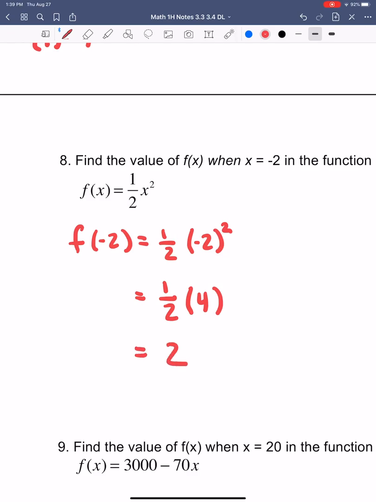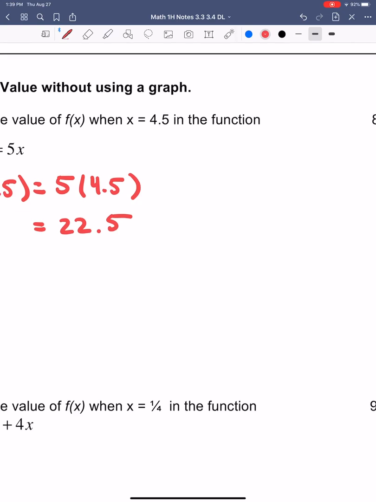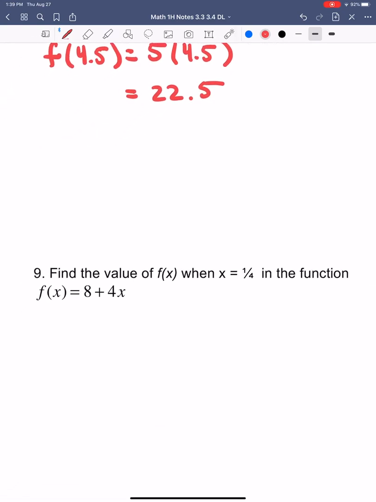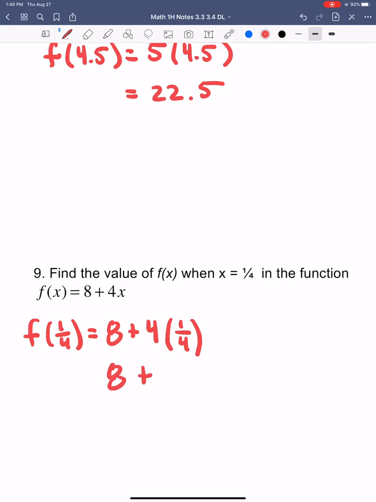Keep it going down here to number 9. This time I'm plugging in 1/4. So I'm going to have f of 1/4. So that's 8 plus 4 times 1/4. Well, that's just going to reduce to 8 plus 1, which just gives me 9.